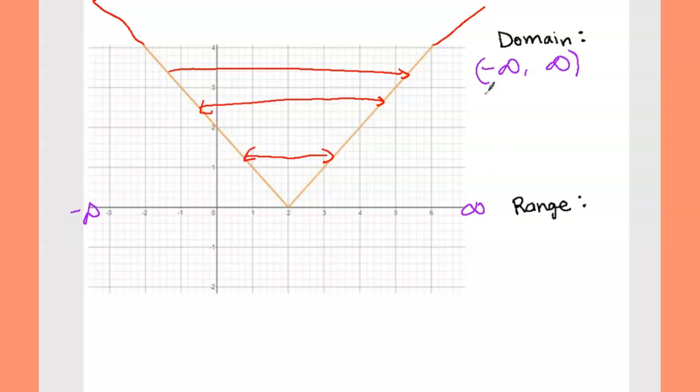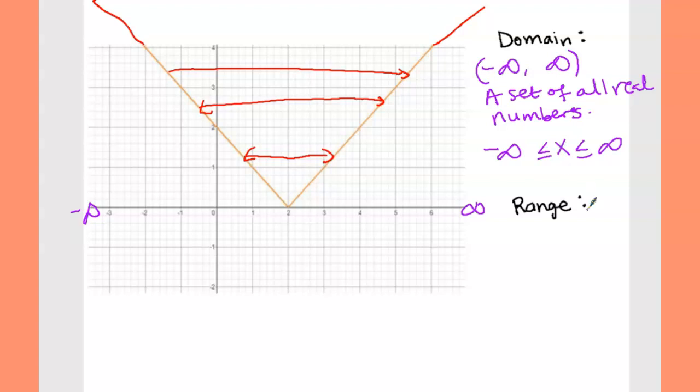So in other words, it's a set of all real numbers. Then we can also write it as negative infinity, remember, this is x, so we put the x in there, and then positive infinity is less than or equal to, but is greater than or equal to that.